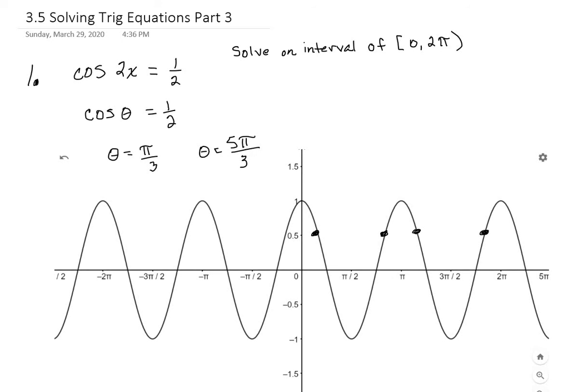But remember that my original problem didn't have theta, it had 2x. So 2x is equal to pi over 3. Here I have 2x equals 5 pi over 3. So solving these equations for x, I get x to be pi over 6 and x to be 5 pi over 6.